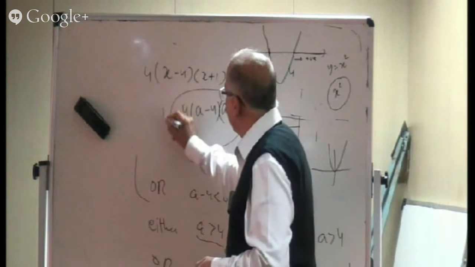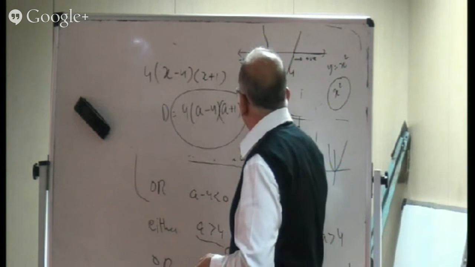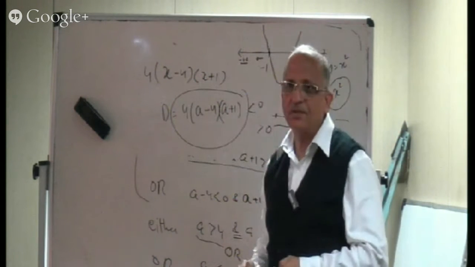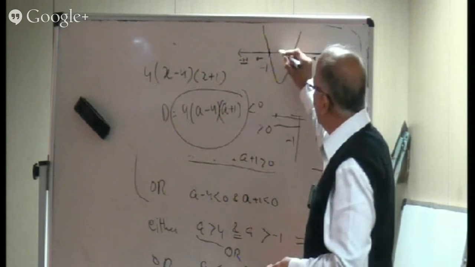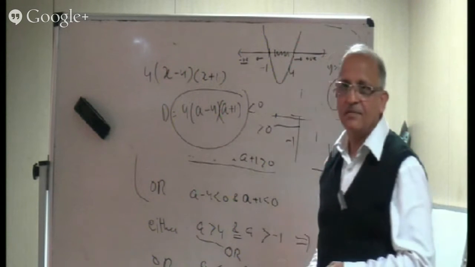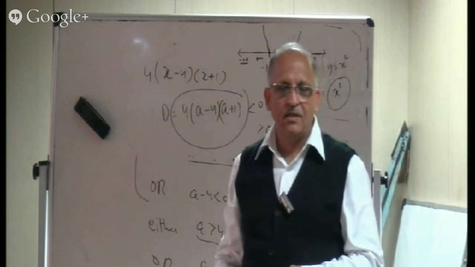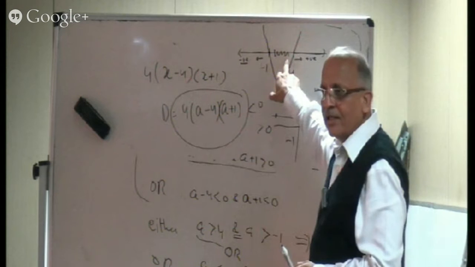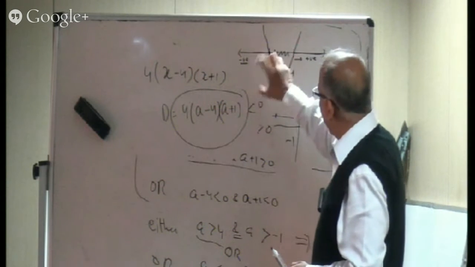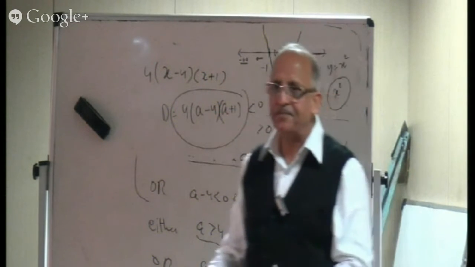This was d. So when will d be less than 0? When this expression is less than 0. Now this expression was positive here and here, so it should be negative in between. For these values, it is going to be negative. So that means from minus 1 to 4, it is going to be negative.